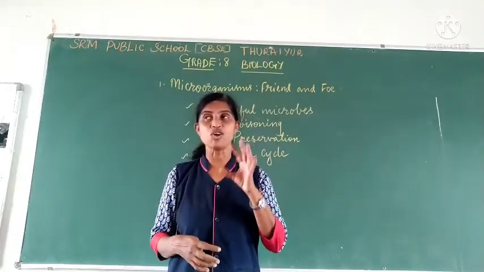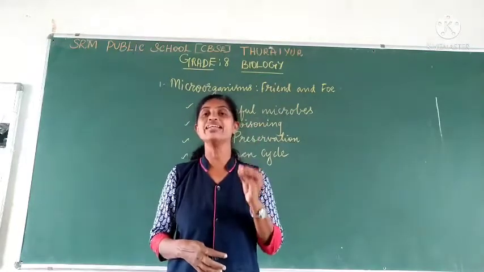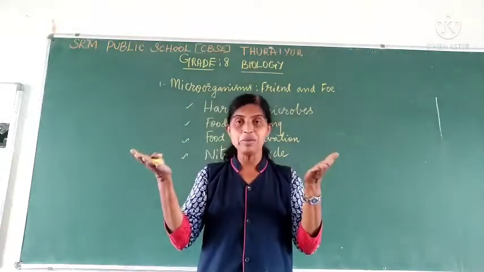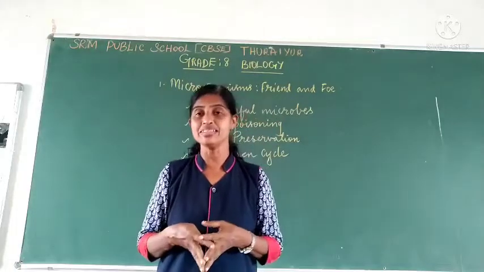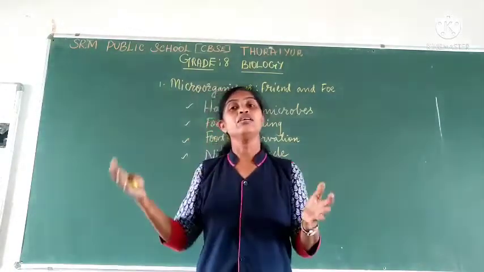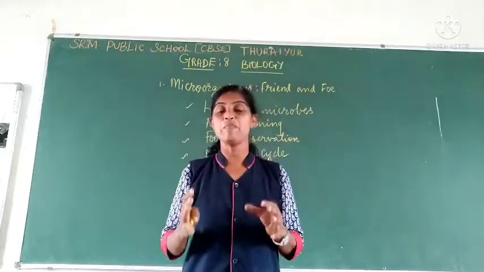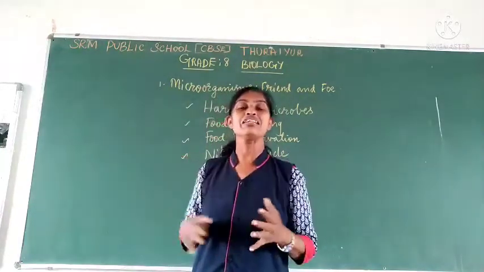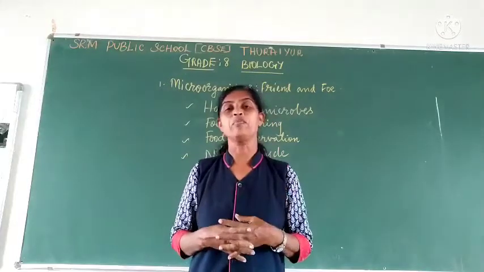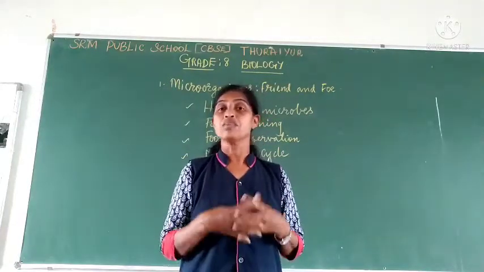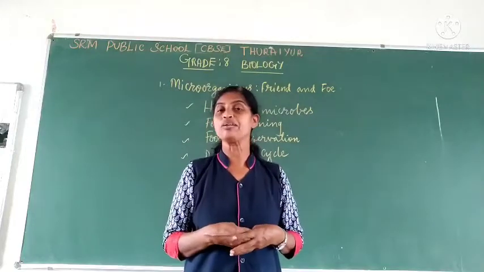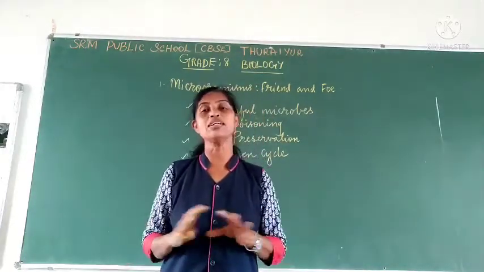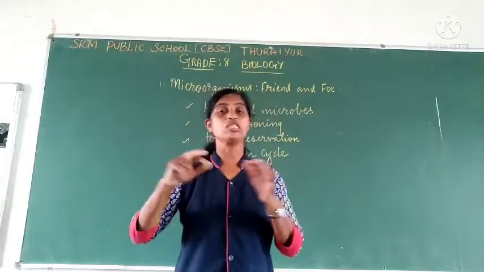These droplets contain the infective germ, and the germ is suspended in the air. If a normal person happens to inhale this air, he will get those microbes and might also be infected with the disease. This is the spread.